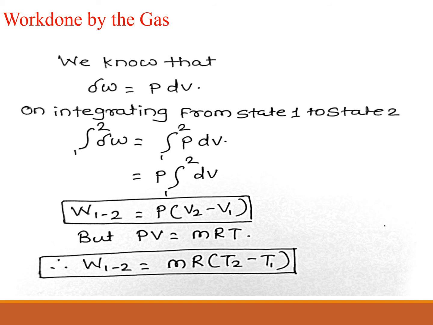This is the characteristic gas equation. So by using the characteristic gas equation in work done 1 to 2 is equal to P (V2 minus V1), we get work done W 1 to 2 is equal to mR (T2 minus T1).